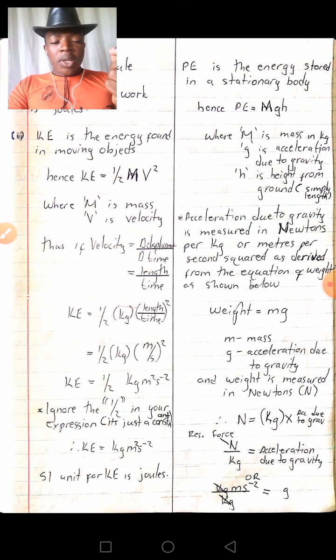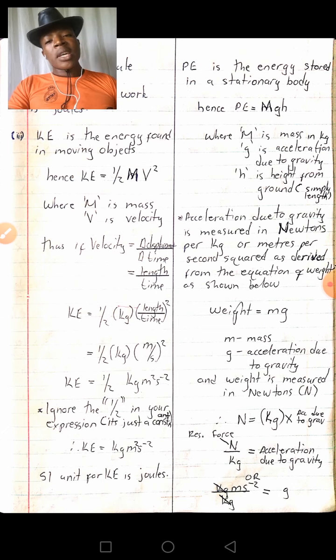That newton is just the same as saying resultant force. Force is measured in newtons, and force is measured by a force meter. I hope you know that by now. So if it's force, it can also be expressed as we expressed our resultant force back when we looked at acceleration. We said resultant force is equal to mass times acceleration.